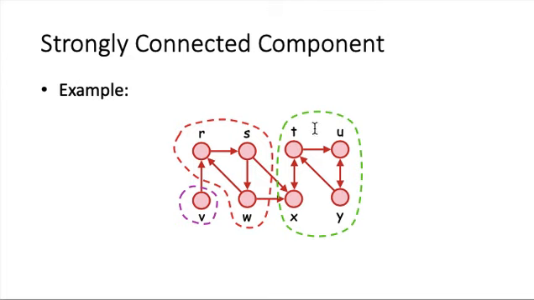We also see that all these 4 nodes, U, T, X, and Y, are mutually reachable to each other, so they form another strongly connected component. Notice that in this graph, we have partitioned the vertices into 3 groups, and each one of them is mutually reachable to each other.